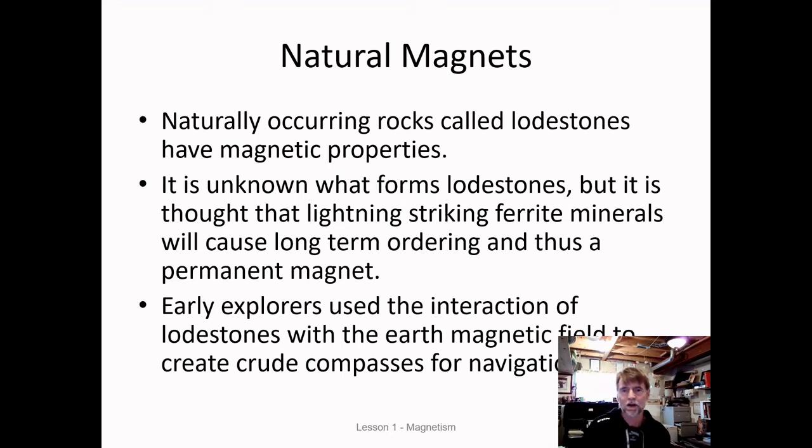Some ideas are maybe lightning strikes to ferrite materials, which causes what we would call long-term ordering. Okay, which is essentially a permanent magnet. Now these were used by early explorers to create crude compasses, okay, way back historically. That's what the first compasses were. It was just a piece of naturally occurring magnetic stone.